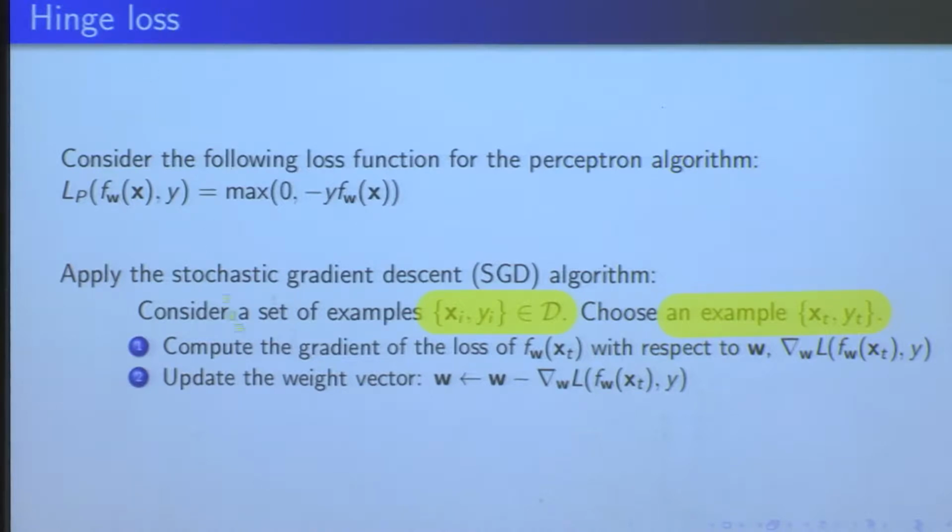Then you do gradient descent for that example only, computing the gradient of the loss on that example.